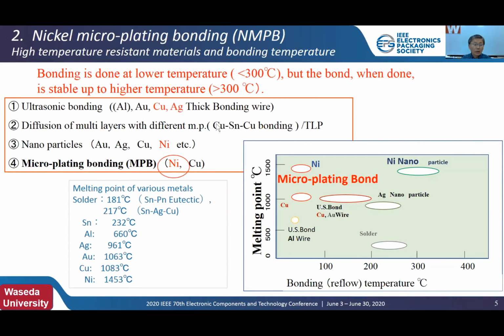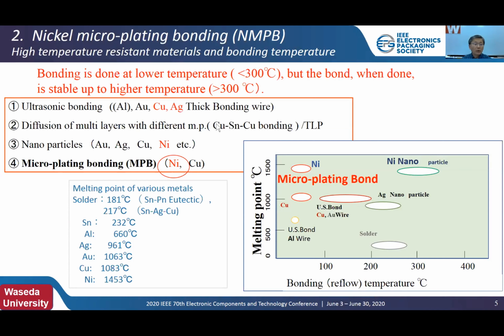To realize the high temperature reliable interconnection, the high temperature resistant materials need to be selected and connected at relatively lower temperature, namely bonding is done at lower temperature, but the bond, when done, is stable up to higher temperature.